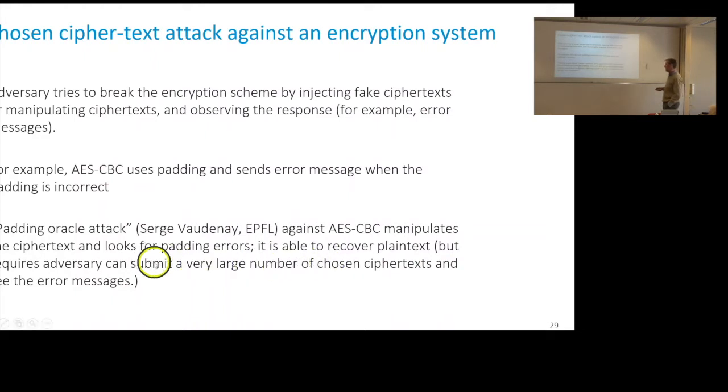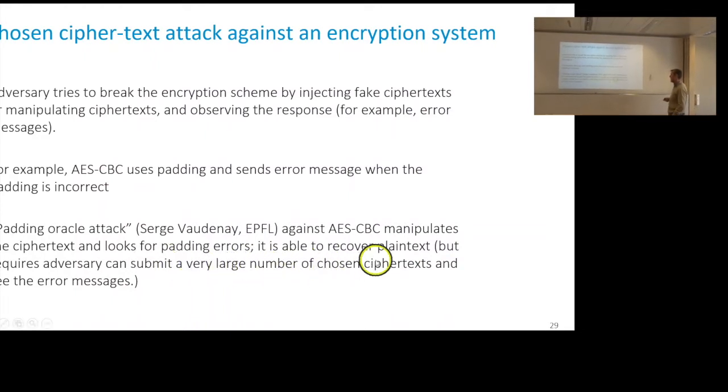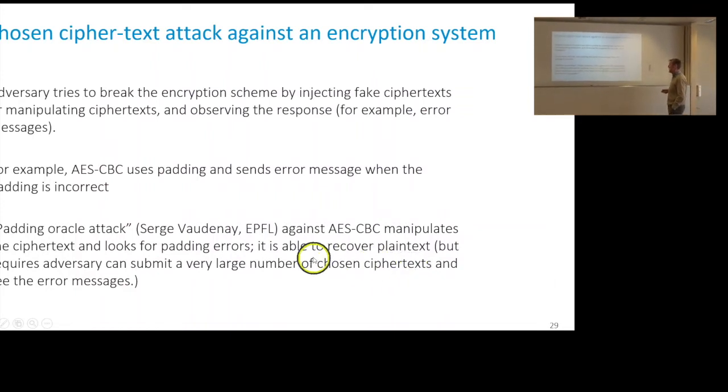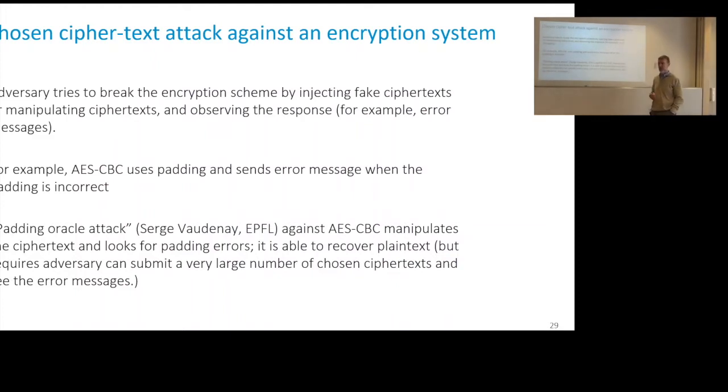So it requires the adversary to be able to send a huge number of ciphertexts and that the destination accepts them. Of course, many systems will protect themselves by not accepting a huge number of errors, but if you have a system that does not, for example, if you are able to make a clone of the system and run it as many times as you want while disabling stopping due to error messages, then you will be able to obtain some of this information.